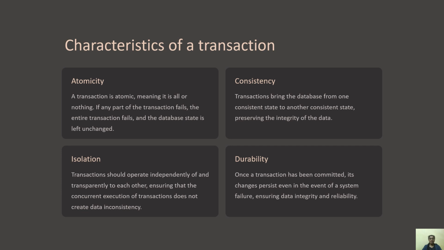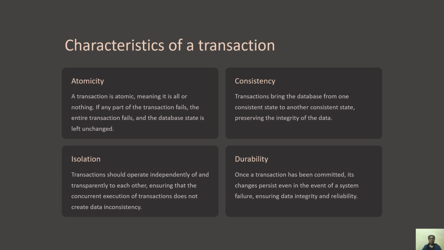Atomicity, consistency, isolation, and durability are the characteristics of a transaction. Atomicity: a transaction is atomic, meaning it is all or nothing. If any part of the transaction fails, the entire transaction fails and the database state is left unchanged. Consistency: a transaction brings the database from one consistent state to another consistent state, preserving the integrity of the data.